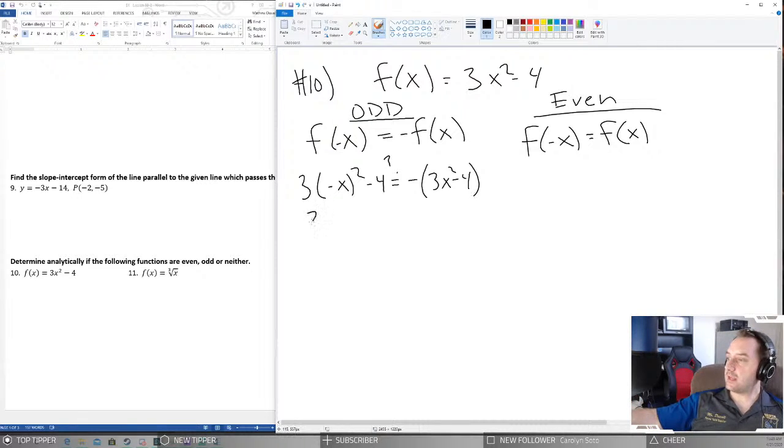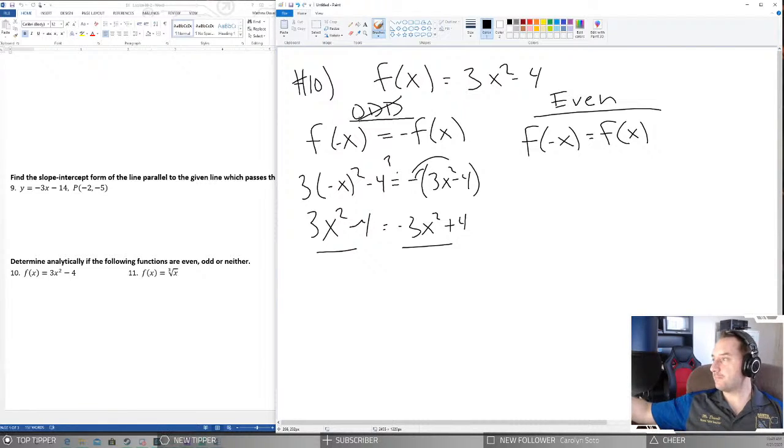So this is 3x squared minus 4 equals, now that negative is going to distribute, so negative 3x squared plus 4. Those are not equal. Because those are not equal, it is not odd.